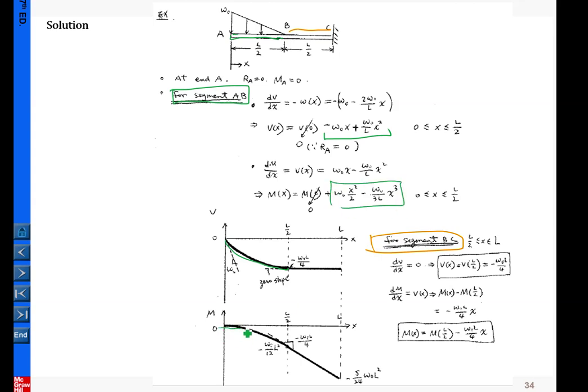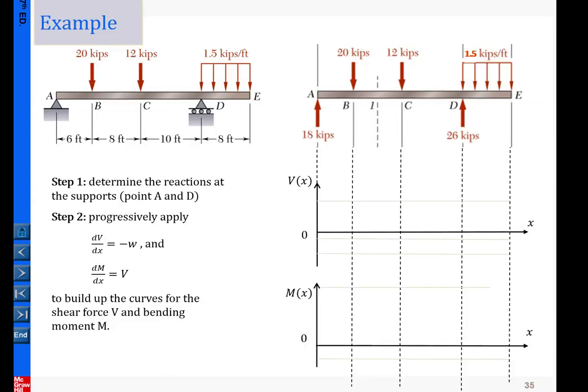If necessary, you can use grid paper, paper printed with a grid, and draw these on it. Then for this segment, again you have this value that's a constant, so you can draw this line, and for bending you can make this line here. This is our textbook example, and it should be very straightforward.